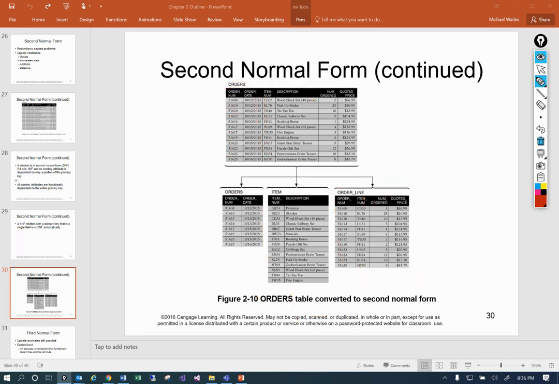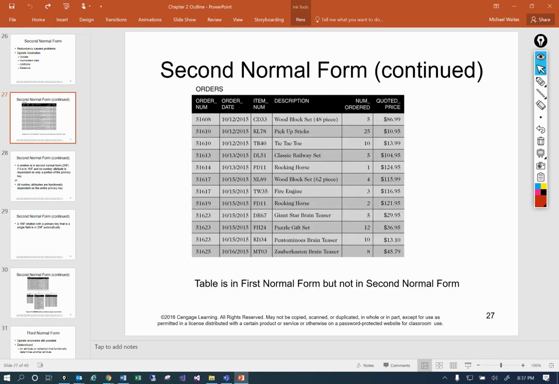Let's go back and look at a bigger version of this table. Now, you're the database administrator, and someone comes and says, hey, I want TR40, instead of saying tic-tac-toe, we want to be funny, and we want to call it tic-tac-toes.